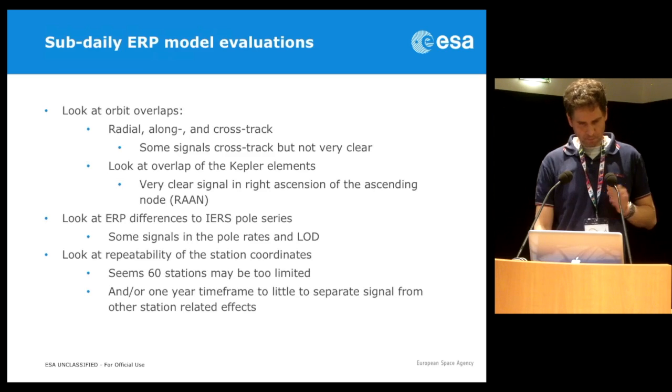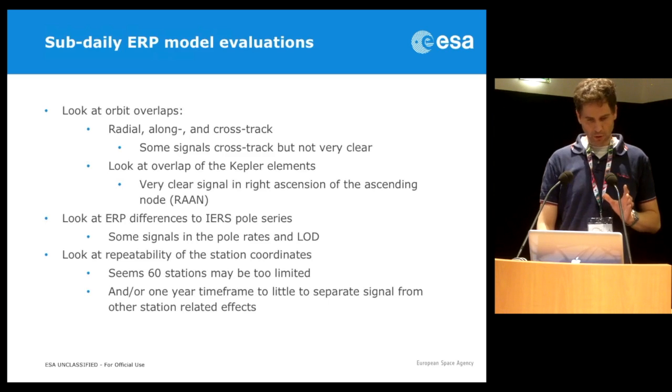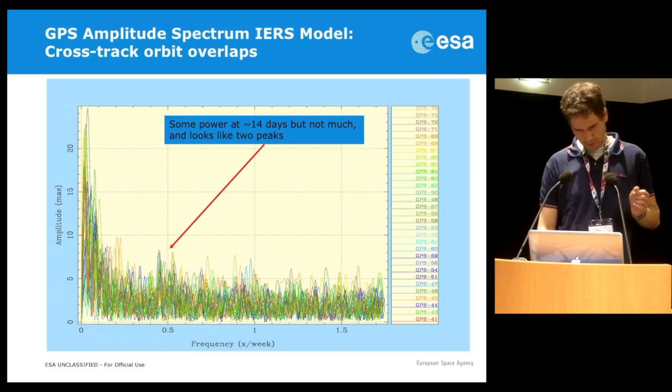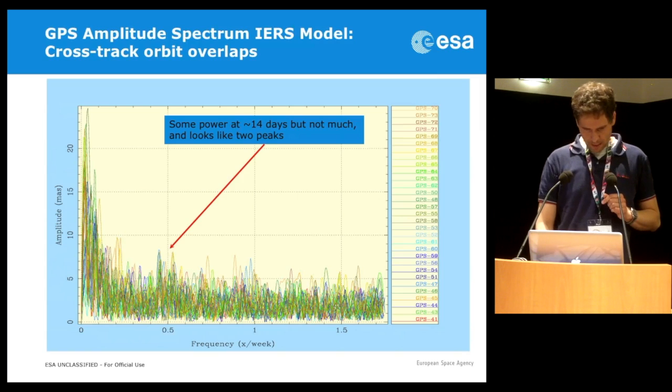Okay, so this slide shows the orbit overlap residuals for the crosstrack component for the GPS orbits when you use the IERS standard model. You see some power at the 14-day period, but not much, and essentially you see basically 2 peaks, one before and one after 40 days.